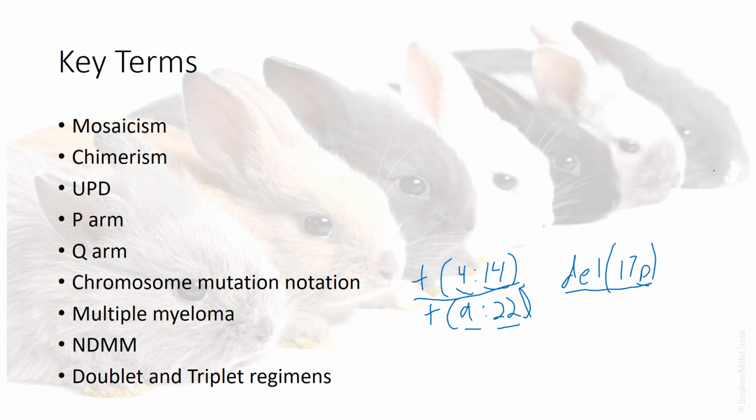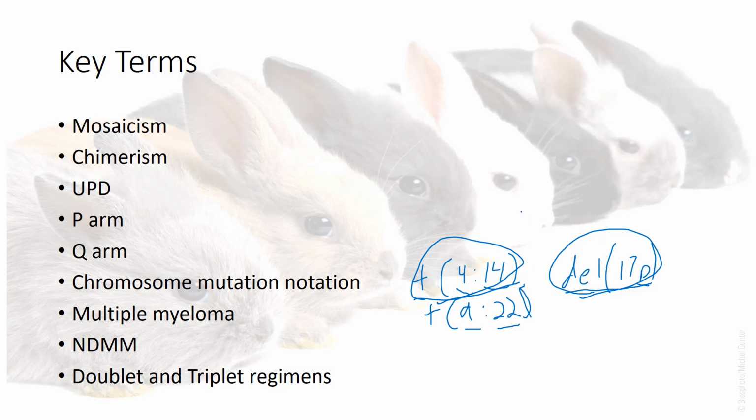Now, what you find with multiple myeloma is that there are certain populations that make it particularly complicated to treat. That's individuals that have this mutation or this mutation, and then there's a third mutation we'll talk about on Friday, that are particularly resistant to the typical doublet regimen used to treat multiple myeloma.